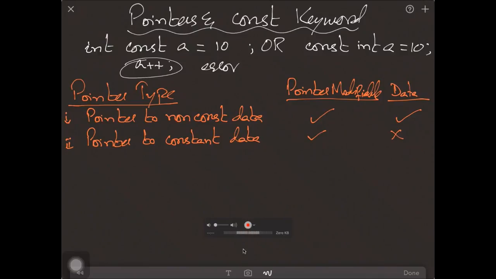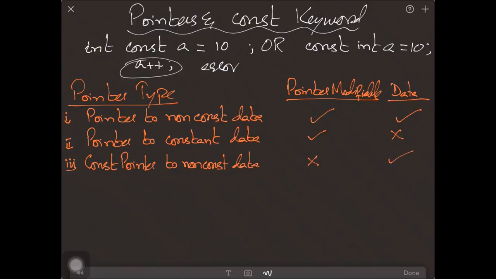Well, the third option is that we have a constant pointer that points to non-const data. That means we cannot modify the pointer, however we can modify the data. Let's see the example.